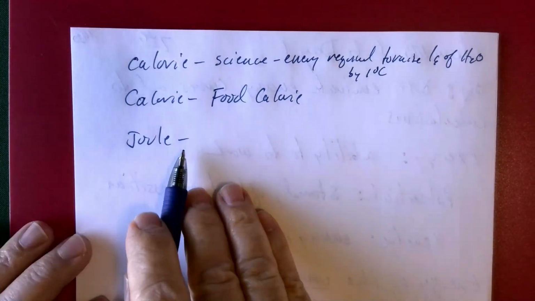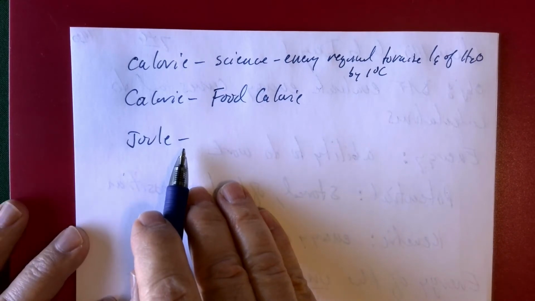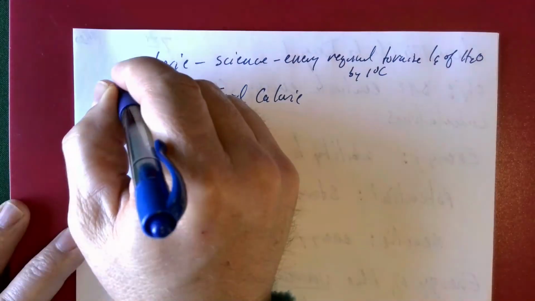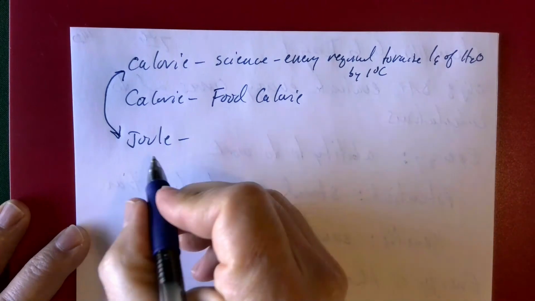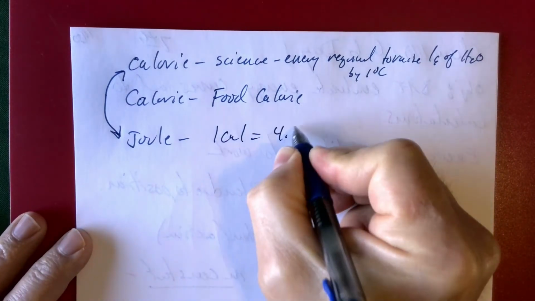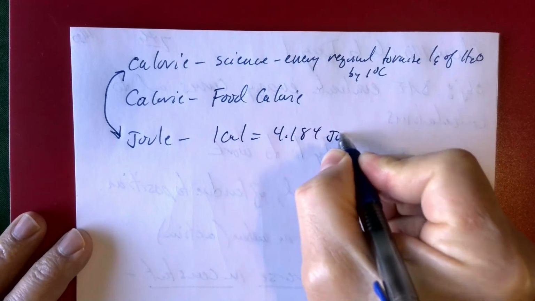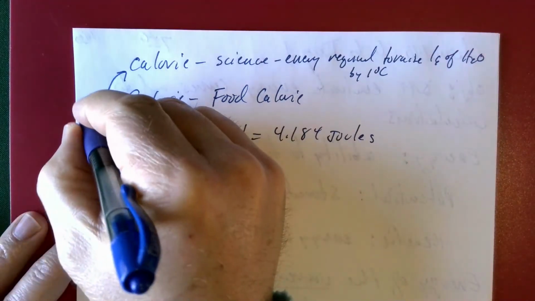Okay, does anybody know what a joule is? No? Joules and calories are similar. Okay? 1 calorie is equal to 4.184 joules. These are both science terms.